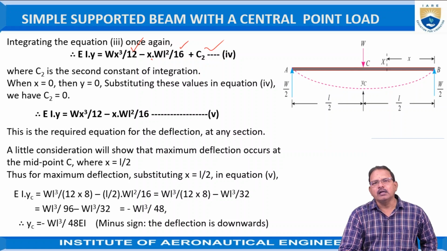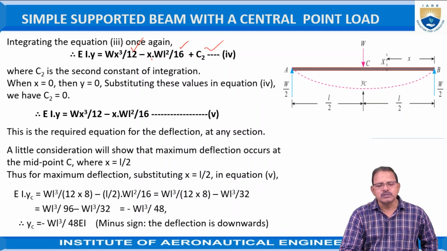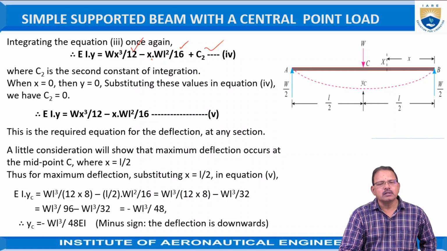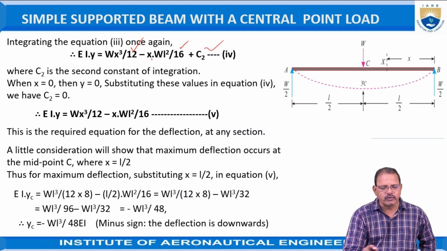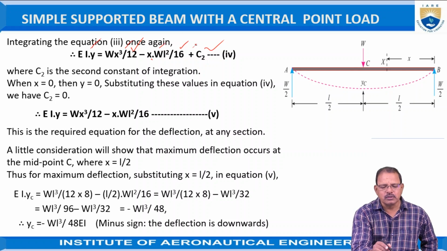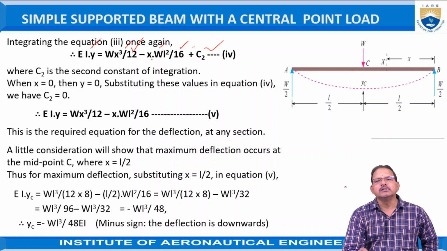Here EIY, where Y is representing the deflection of the section, but the deflection is equal to 0 at A and B, and it is having maximum value at its center now. So when you are putting x is equal to 0, that means Y is also equal to 0 in these equations. From this equation we got C2 is also equal to 0 now. That is the second integration constant is 0.